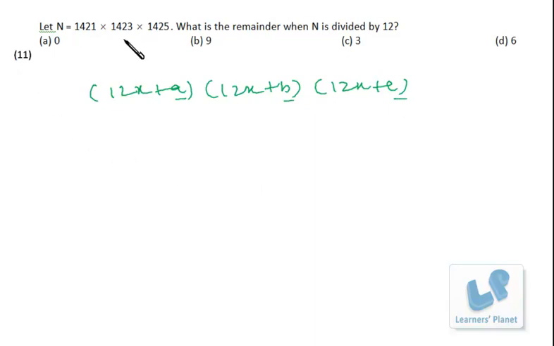That means 1421, 1423, and 1425 can be written in this manner. When you multiply all this, the remainder you get if you divide that expression by 12 will be nothing but a into b into c, that is, this remainder into this remainder into this remainder.